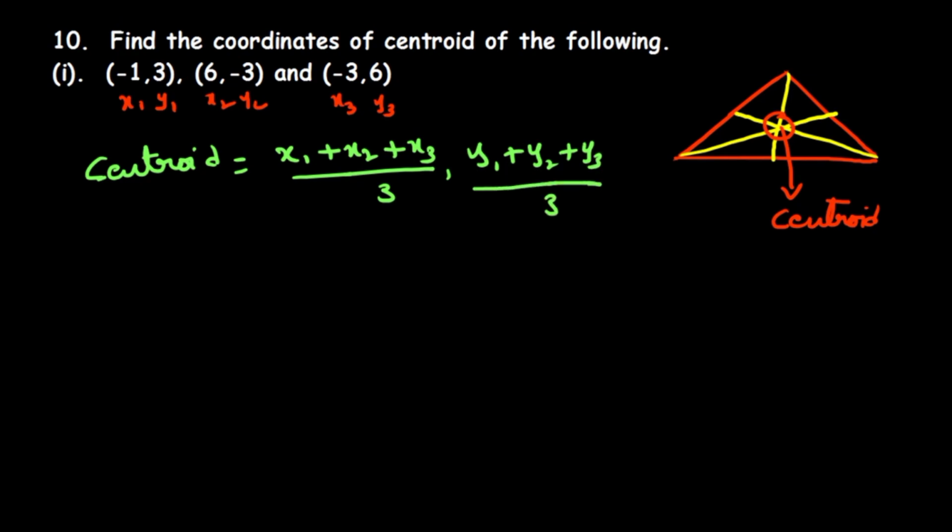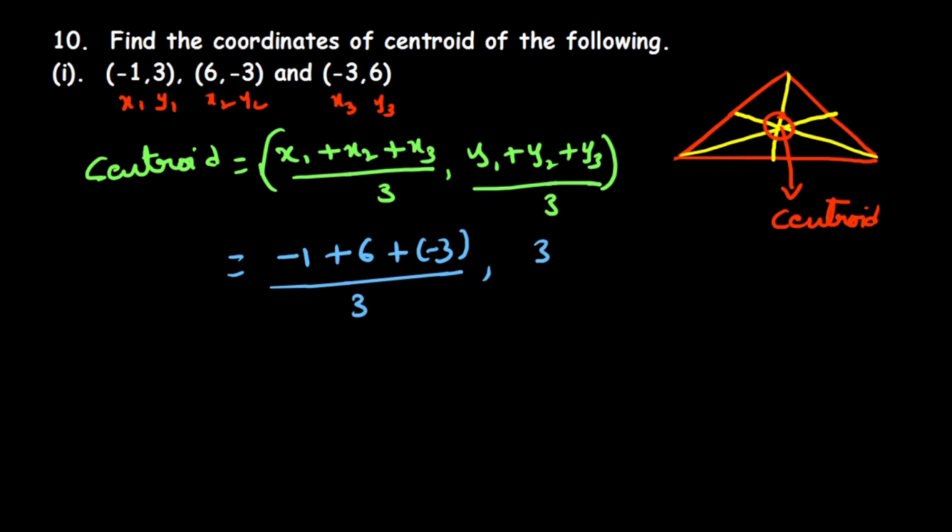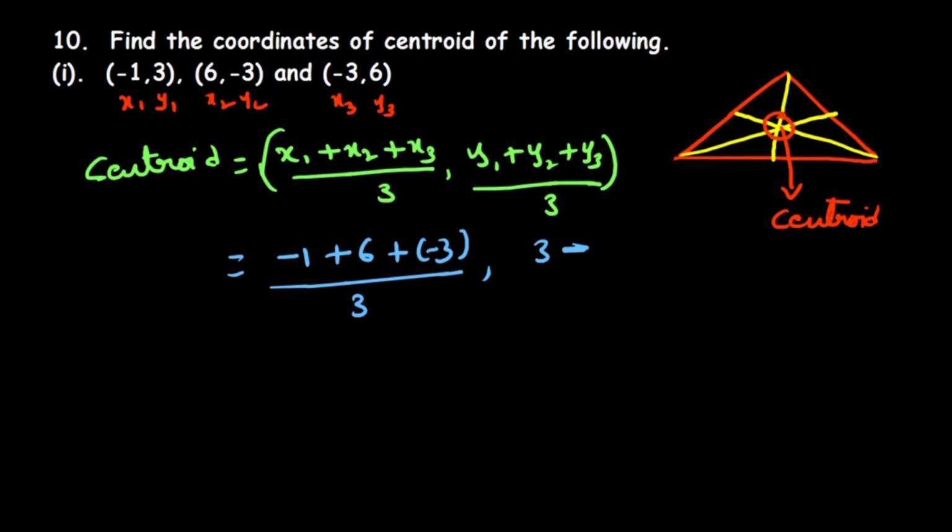Okay, so what is x1 in this problem? This is minus 1, x2 is 6 and x3 is minus 3, by 3. Here y1 is 3 plus of minus 3, y2 is minus, so plus of minus 3, and y3 is 6, by 3.